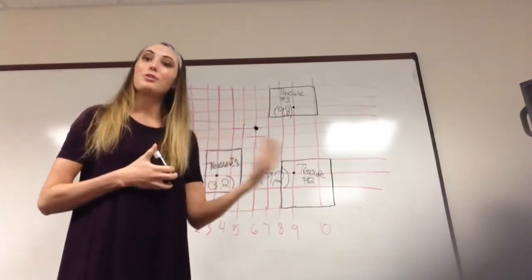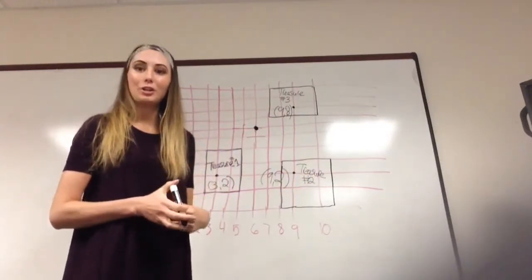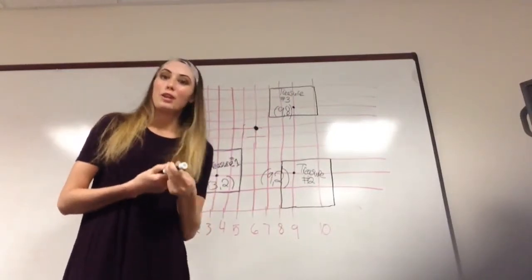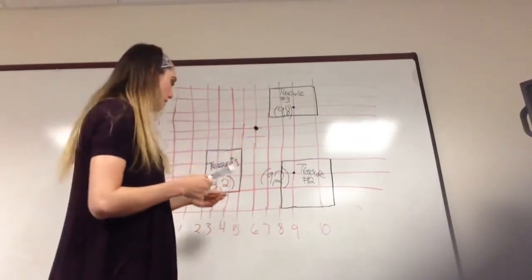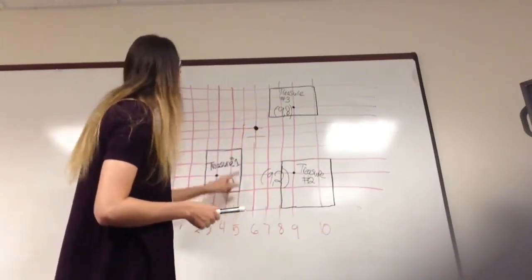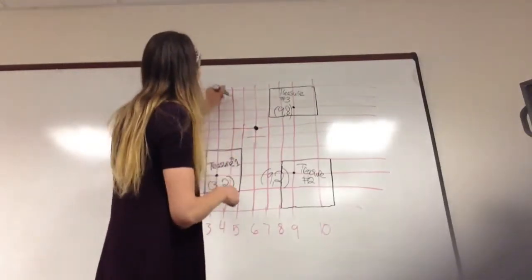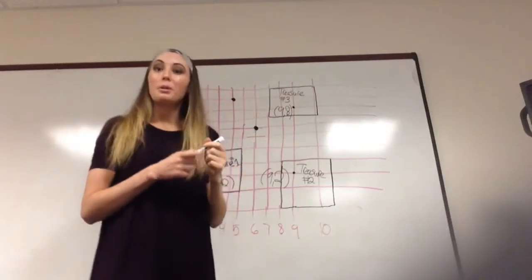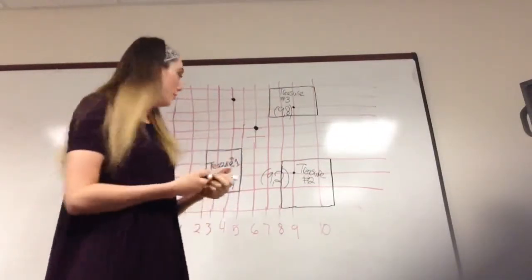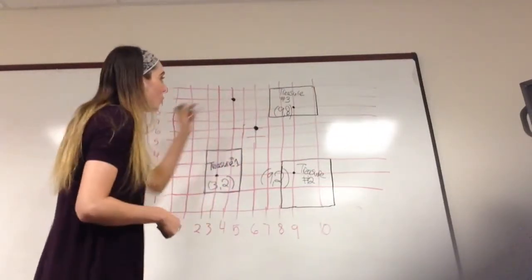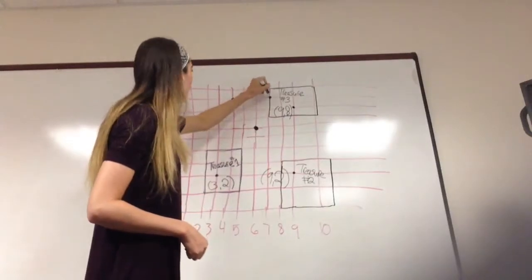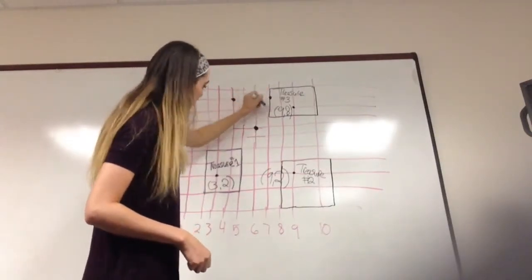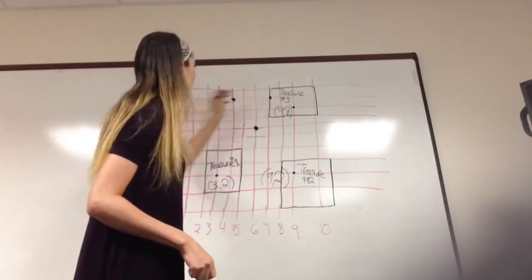And so then you will go back and forth asking each other, is your treasure on 5, 9? All right, we'll go to 5, we'll go up to 9. No, my treasure is not on 5, 9. But eventually, your partner is going to guess a point that hits the square. So this point, for instance, would be 7, 9.